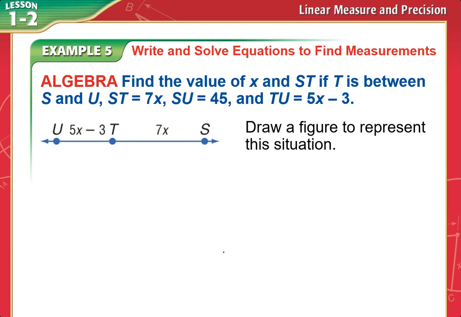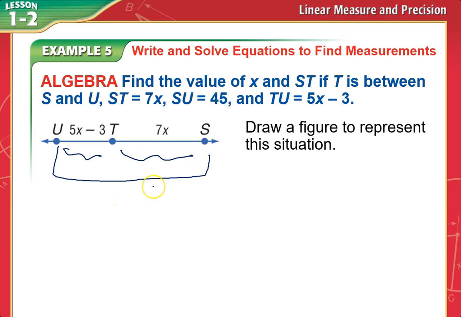So we're first going to draw out the figure to represent the situation. So we have our TU, TU equals 5x minus 3, and that's indicated here in our first piece. And then we're also given that ST is 7x. But we're also given that SU, all the way from here to here, is equal to 45.